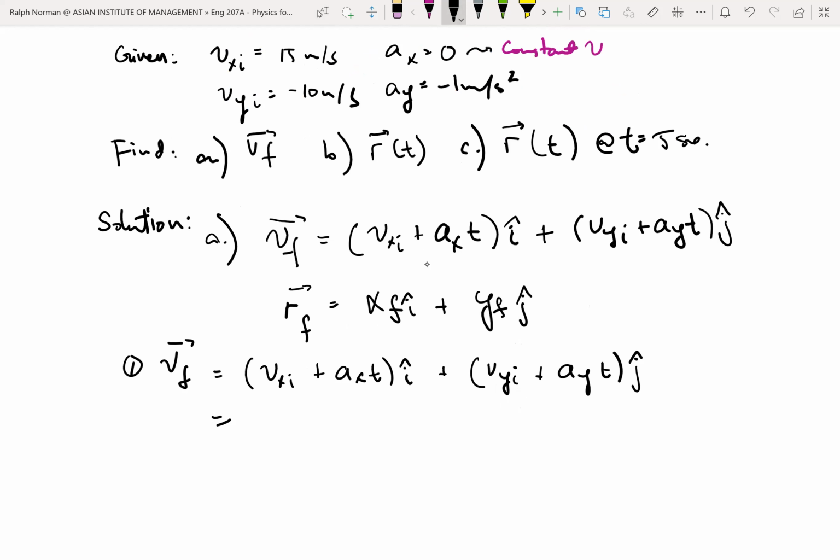And then we substitute. So we have 15, I believe so. We are constant velocity, so yung acceleration natin is 0. We have time. Do we have time? No, it's just time t at any time t daw. So we just represent it in terms of t.